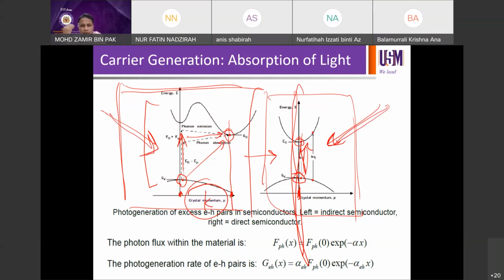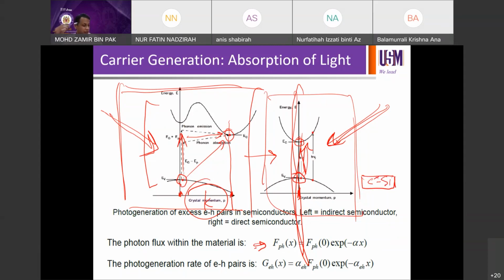We've learned before that light consists of photons, each with its own energy, at different energy levels. The photon flux within the material, we're going to look into in a little more detail later on. Within the material here means inside your silicon, for example crystalline silicon, if you want to see the distribution or profile of the flux within your semiconductor material.